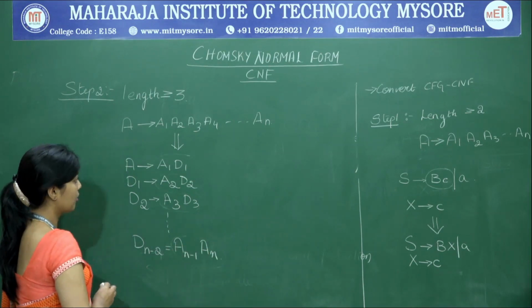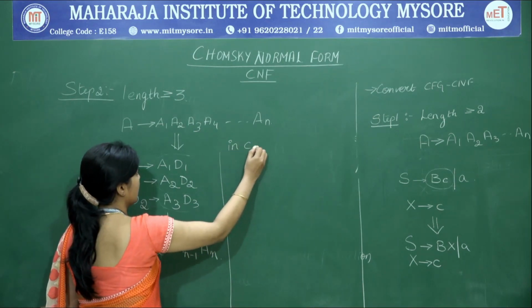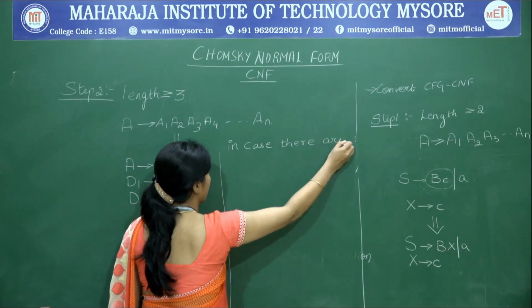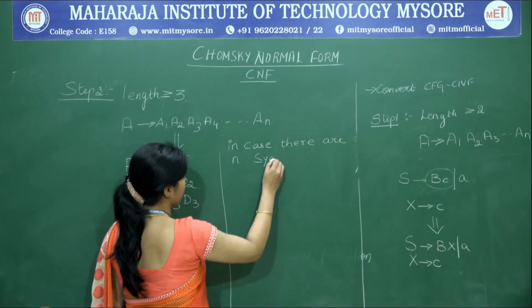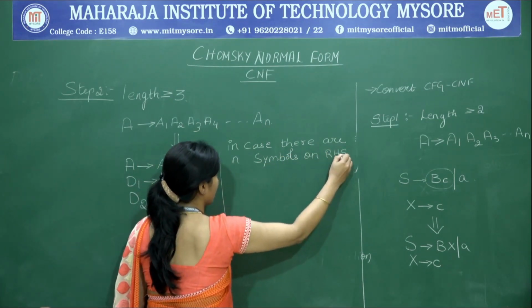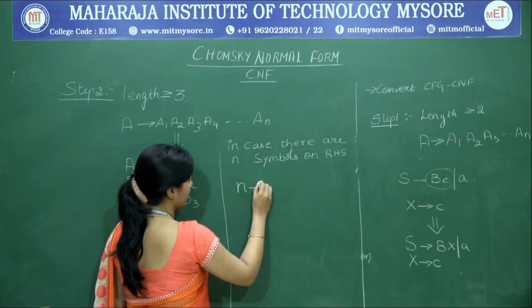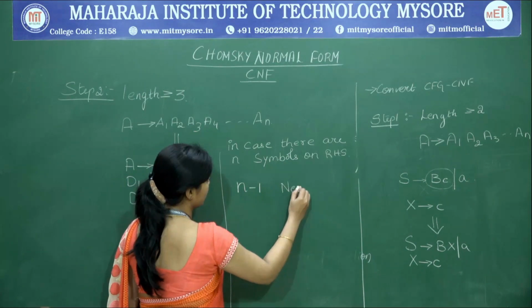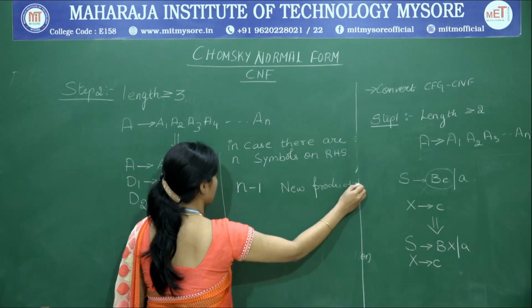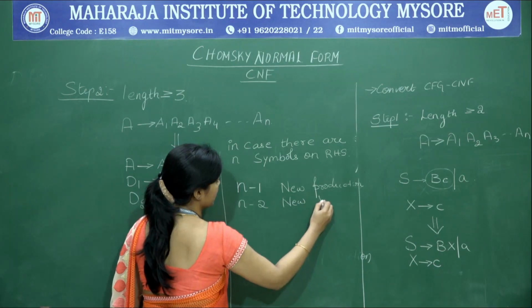So, we see here that in case there are n symbols on the RHS, we introduce n minus 1 new productions and n minus 2 new variables.